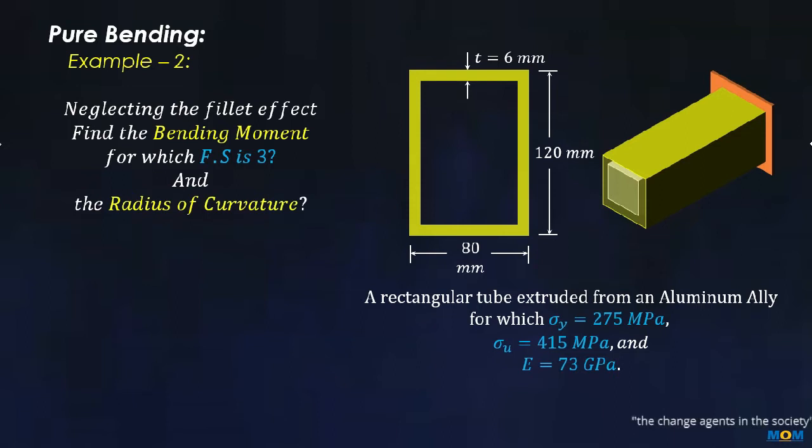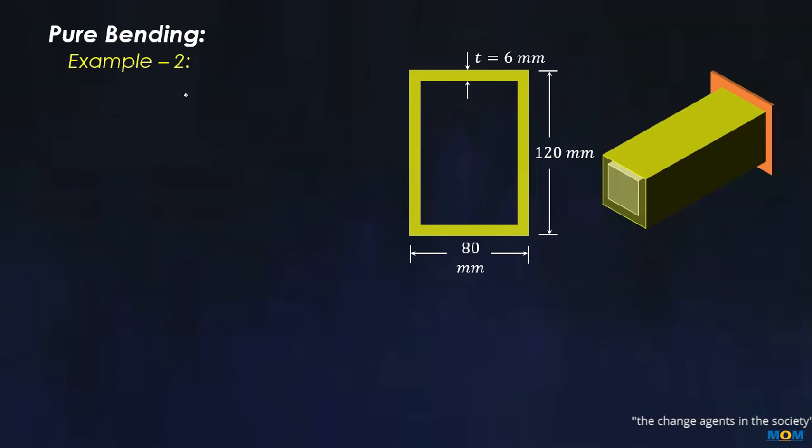Now again, to calculate the bending moment, we are going to use the expression of the flexural formula, that is sigma allowable is equal to MC upon I. Now for sigma allowable, to calculate that, sigma allowable is equal to ultimate tensile strength of the material upon the factor of safety.